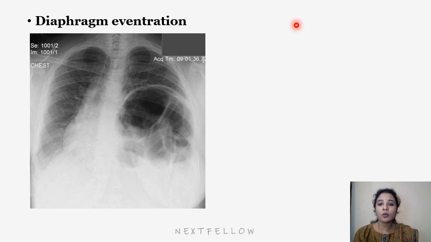This anomaly occurs when the muscular tissue does not develop in the pleuroperitoneal membrane. It is more common on the left side, just like Bochdalek. This occurs because the region of eventration is thinner, allowing the abdominal viscera to protrude upwards, resulting in abnormal elevation.